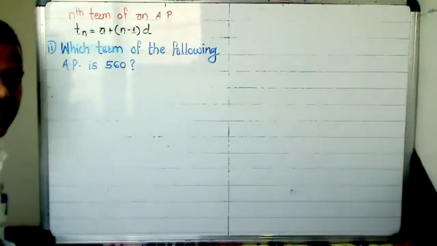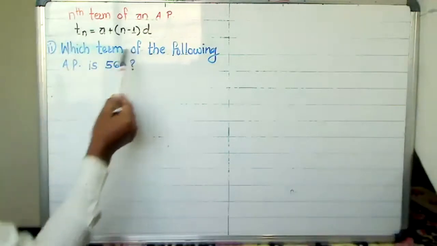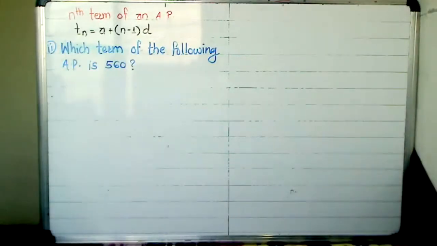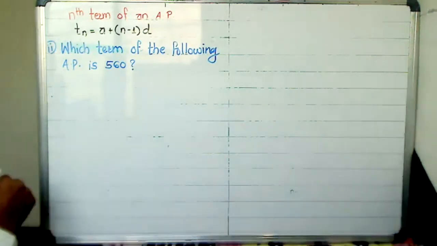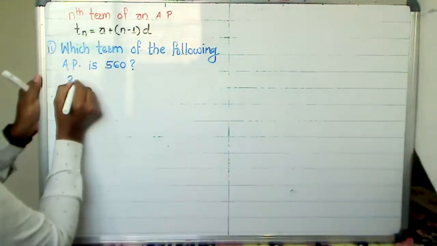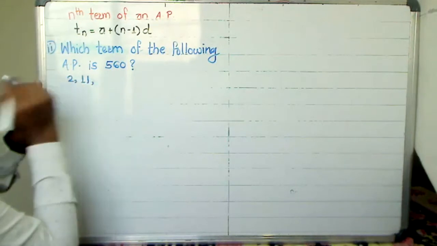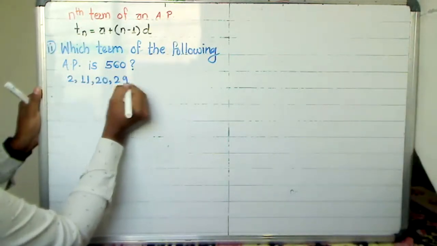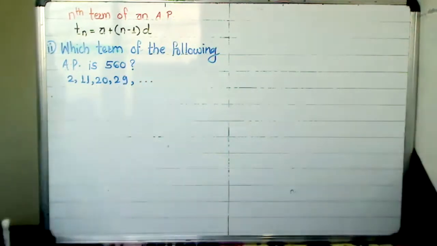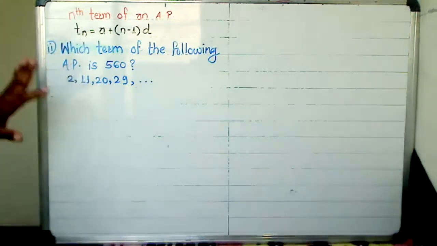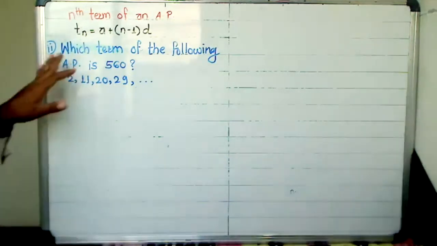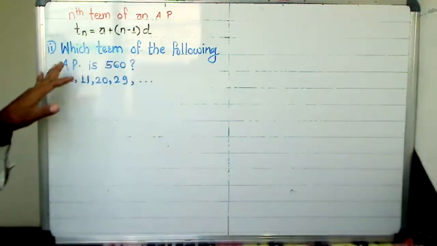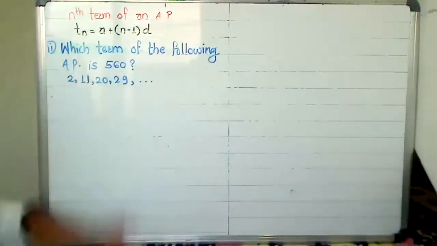Our next question is, which term of the following AP is 560? The given AP is 2, 11, then 20 and 29 and so on. First of all, you need to understand this question.